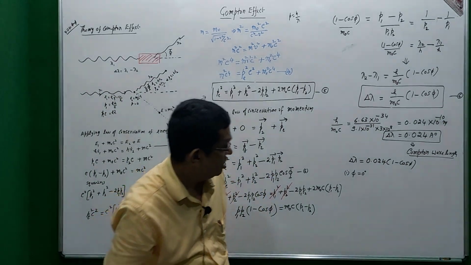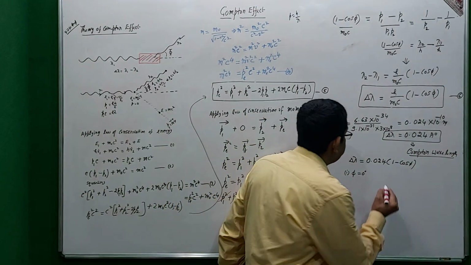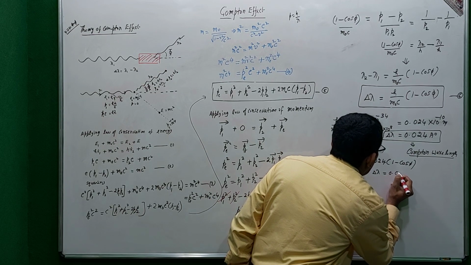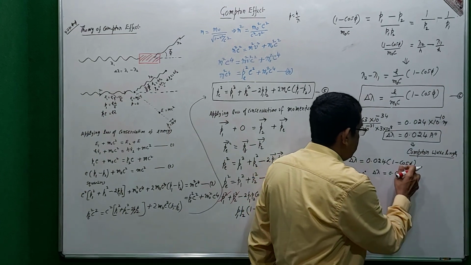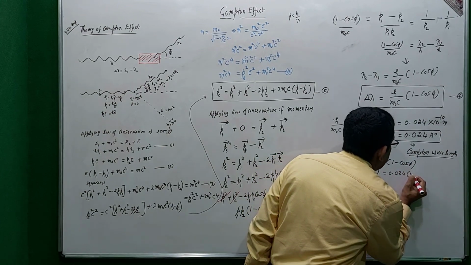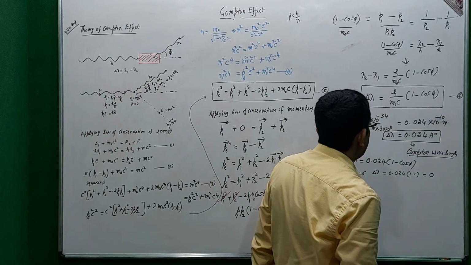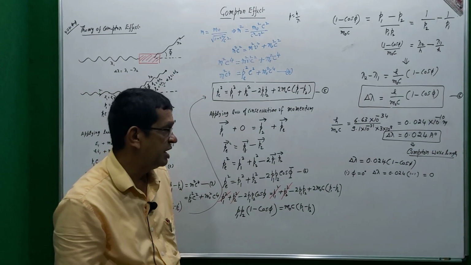There is no angle of scattering, and in that case, what is delta lambda? Delta lambda equal to 0.024 into 1 minus cos phi. Cos 0 is equal to 1. Therefore, 1 minus 1 is equal to 0. Delta lambda equal to 0. That means lambda 1 equal to lambda 2. There is no change in the wavelength.